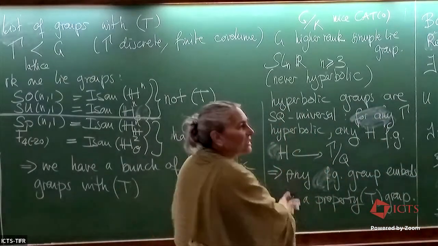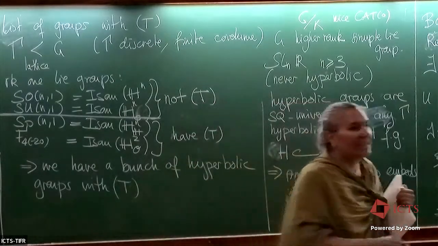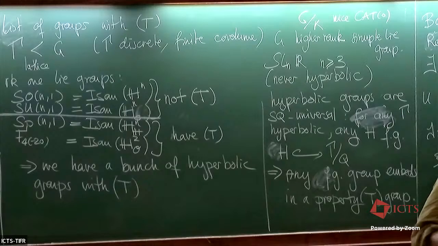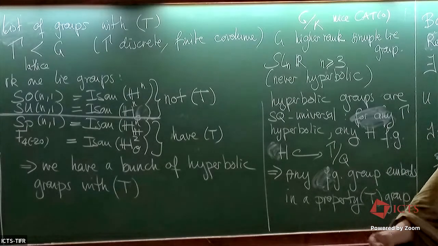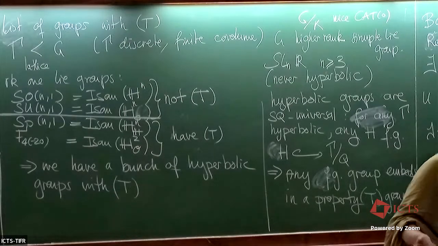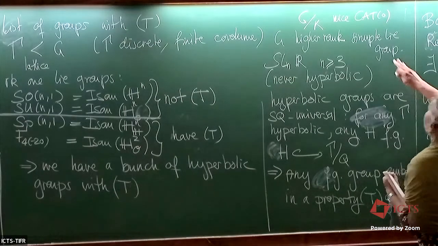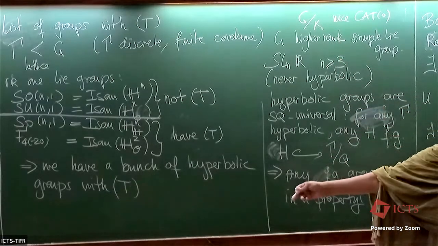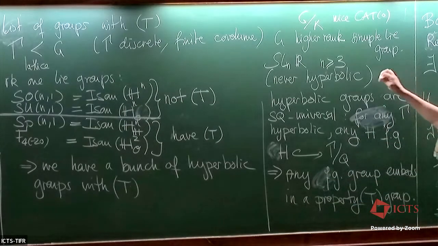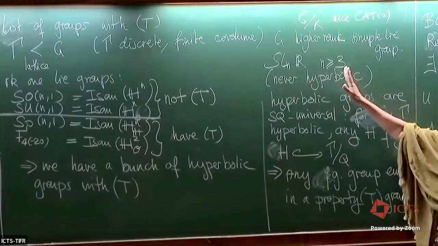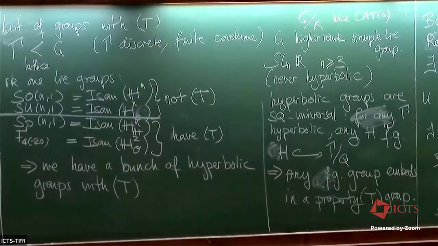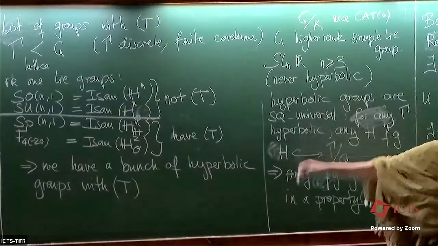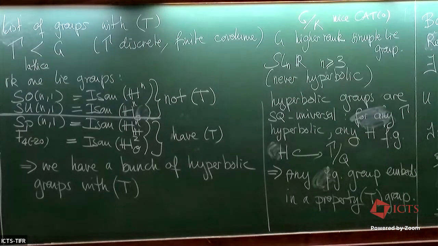All those property T groups act very nicely on some CAT(0) spaces, but they can never act on a CAT(0) cube complex. So the CAT(0) spaces that come from those Lie groups are very far from a CAT(0) cube complex. This is also to show that there is a wide range of CAT(0) spaces. CAT(0)-ness doesn't tell you anything about property T, even though cubical CAT(0)-ness tells you that you cannot have property T if you act on it.